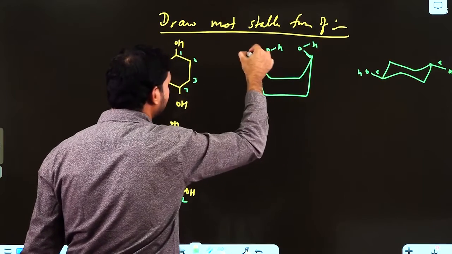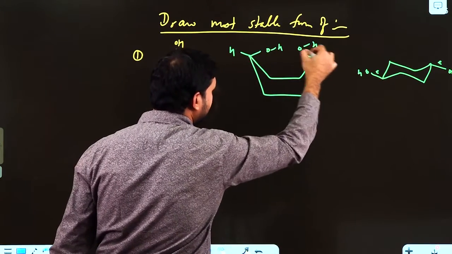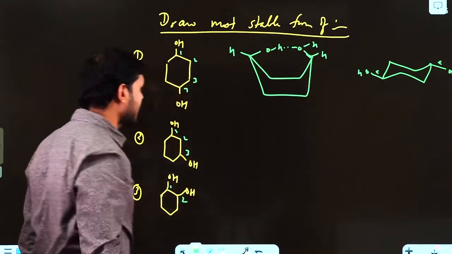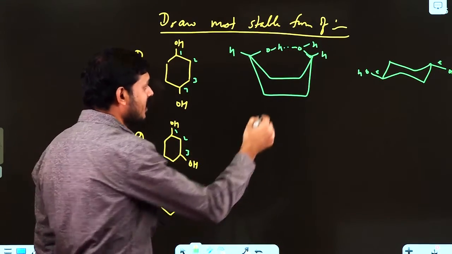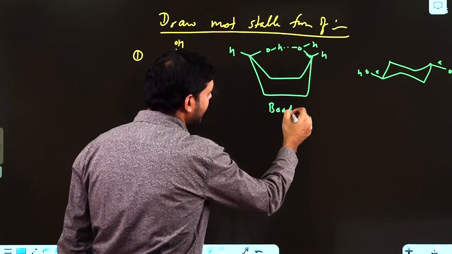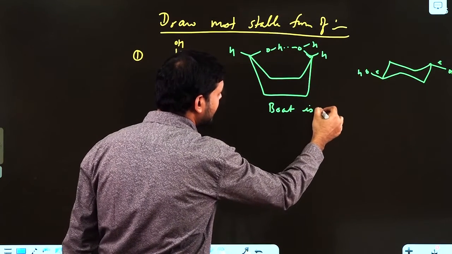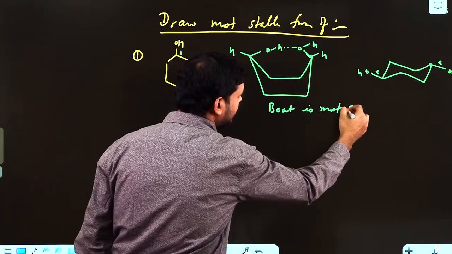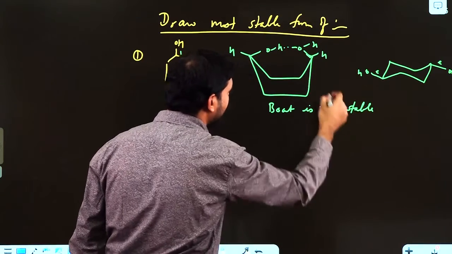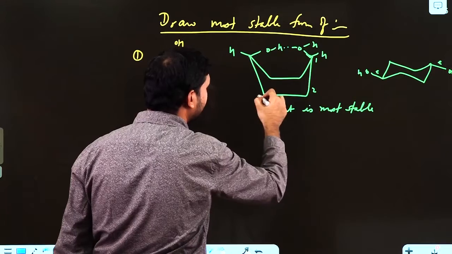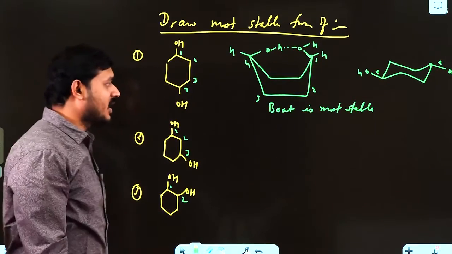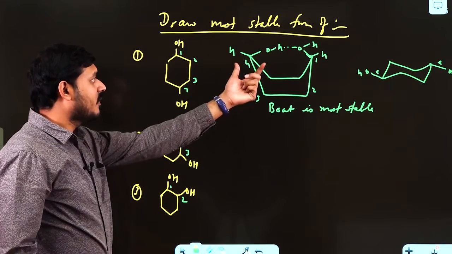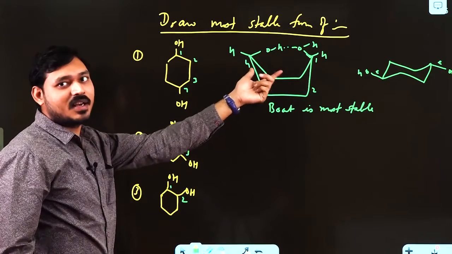This carbon is having H this side and H this side, so it is having attraction forces. So in case of cyclohexane 1,4-diol, you have to remember both conformations are most stable. Why? Because here it is 1, 2, 3, 4, and from this side also 1, 2, 3, 4. The 1,4-diol is most stable due to flagpole attraction here rather than repulsion.